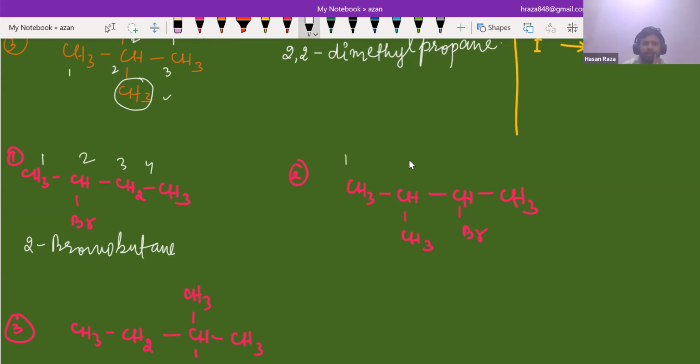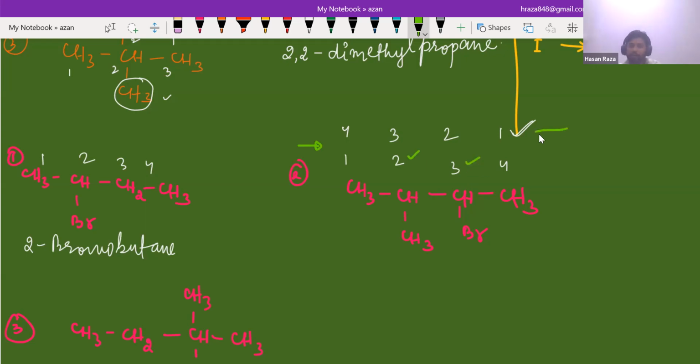Now come to this. You can do the numbering from 1, 2, 3, 4, and you can also do the numbering from the other side, 1, 2, 3, 4. So first, always try to write the numbering correctly. We will choose this one. Why will we choose this one? Just focus here and always remember. If you do the numbering from the left side, the first substituent methyl will get the second position and bromine will get the third position.